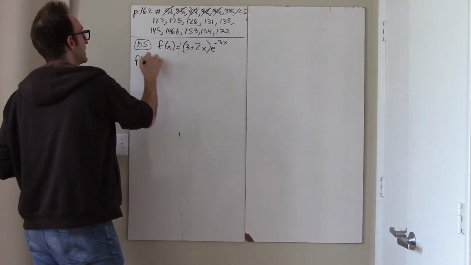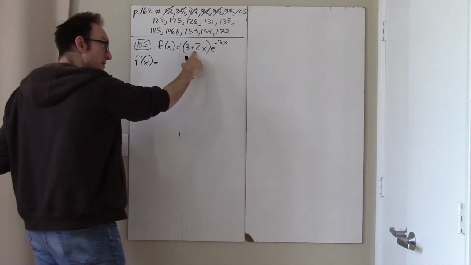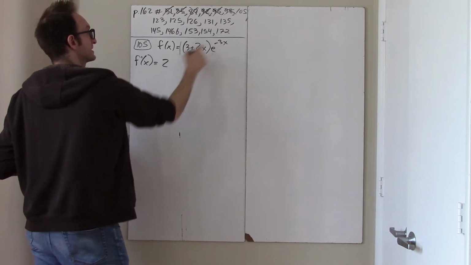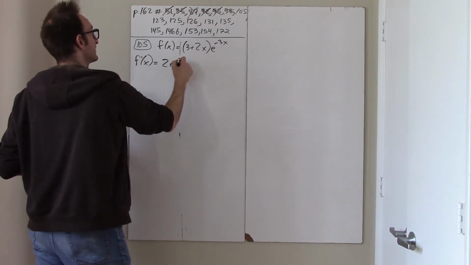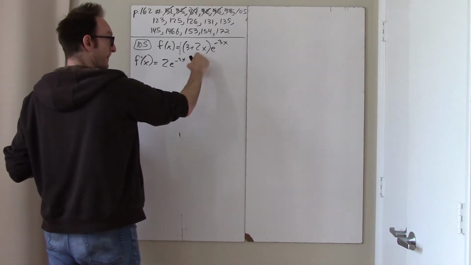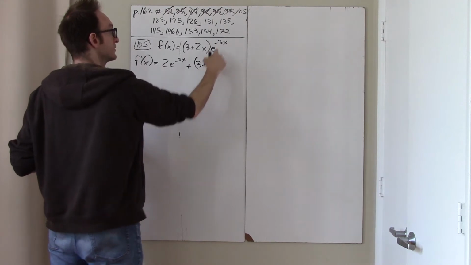Let's go. We're going to take the derivative of this. Well, it's the derivative of the first, which is 2, times the second, so times e to the negative 3x, plus the first, 3 plus 2x, times the derivative of the second.